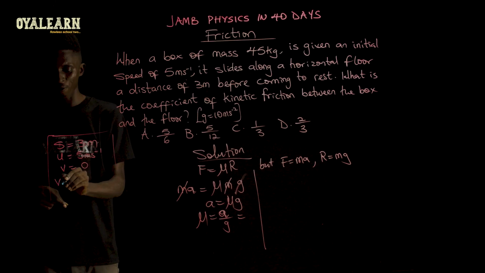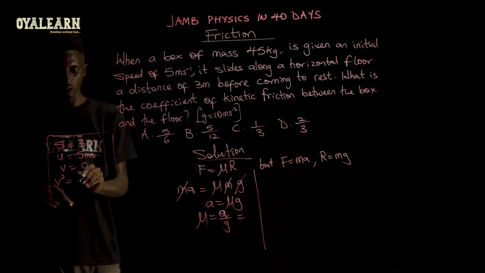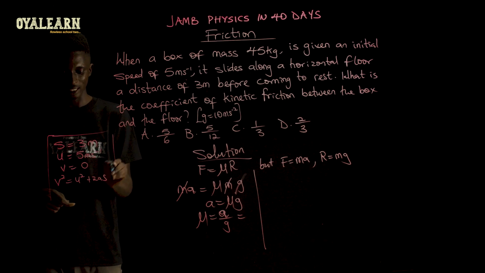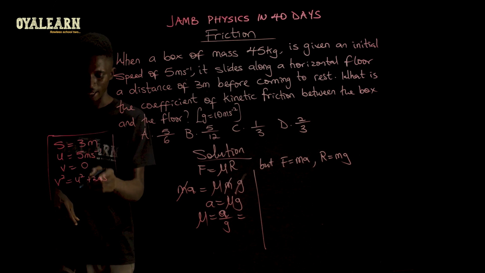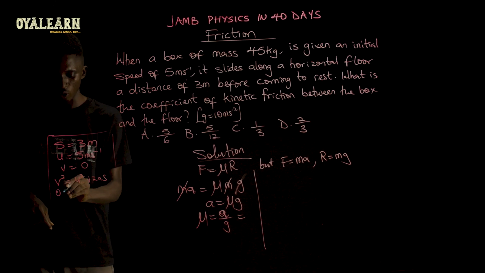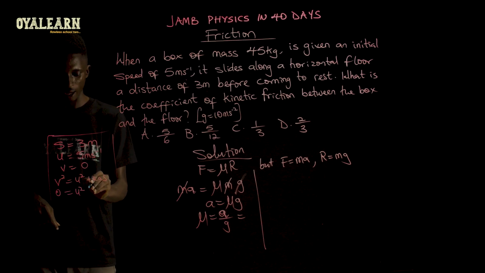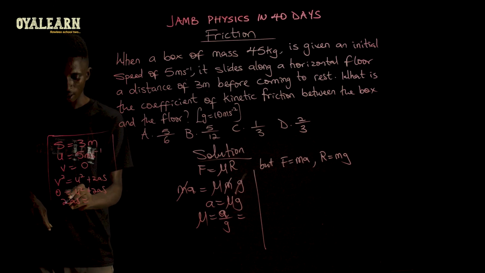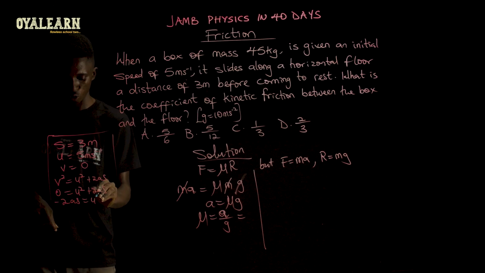So when we apply V squared equals U squared plus 2AS, we can find an equation for A here. So if this is 0, 0 equals U squared plus 2AS. That is, we can say negative 2AS equals U squared.